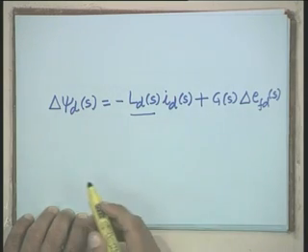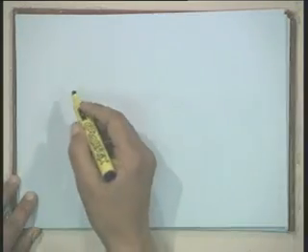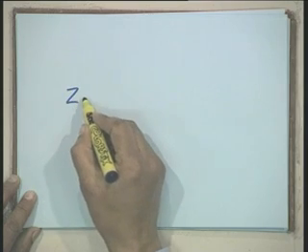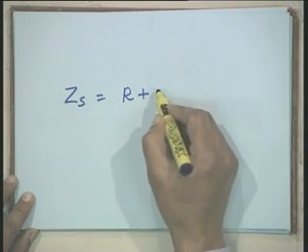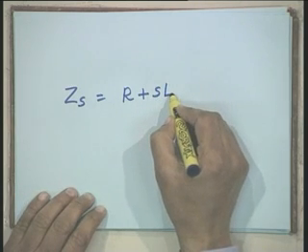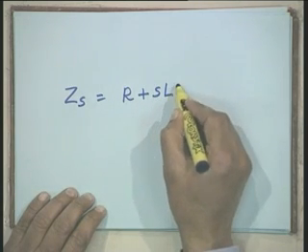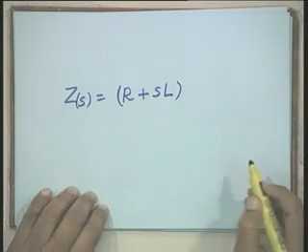Now, if you recollect circuit theory, we represent the operational impedance of an RL circuit as R plus sL. This is the operational impedance, we can call it Z(s).